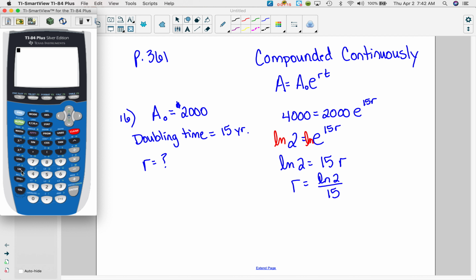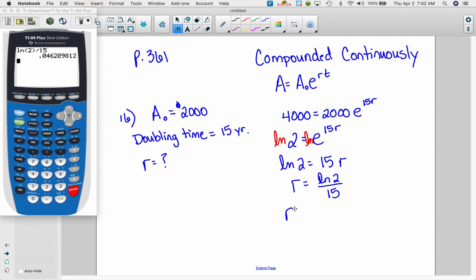If we do ln 2 divided by 15, we get R is about 0.0462. Usually we would say 4.62% would be the rate.